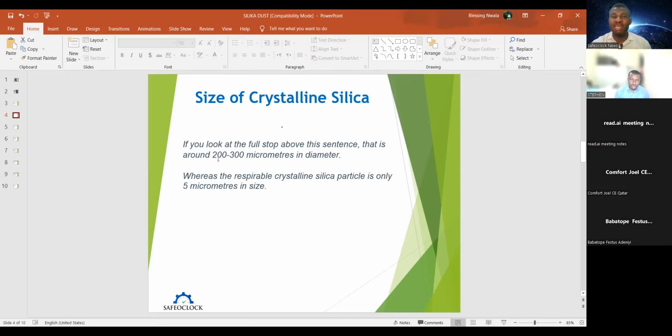So if you find it difficult to see this full stop, then compare it to the 5 micrometers size of crystalline silica. What I'm trying to explain is that the size is very, very small. This makes it easy to inhale. It can go through the smallest part of your respiratory system.